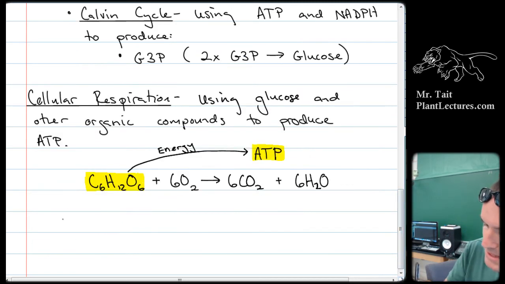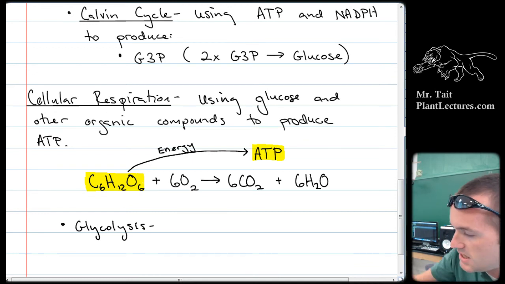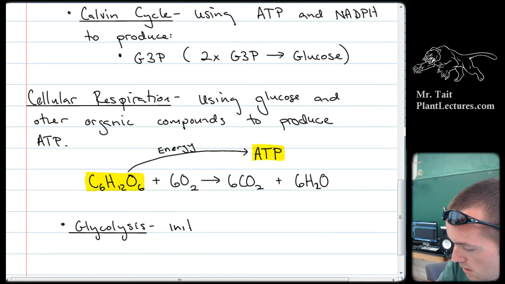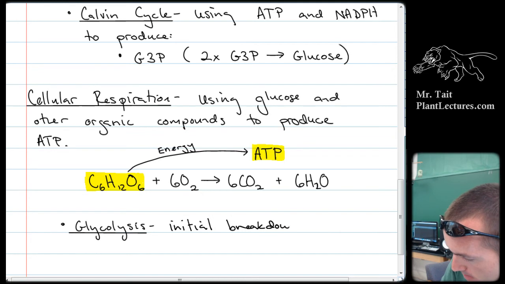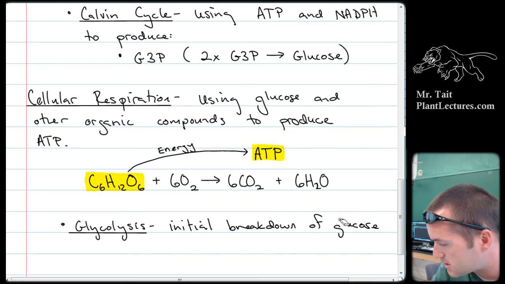Okay, let's look at the different steps here of cellular respiration. Step 1 is called glycolysis, and we'd say that glycolysis is the initial breakdown of glucose. Glycolysis is the oldest metabolic process on Earth.